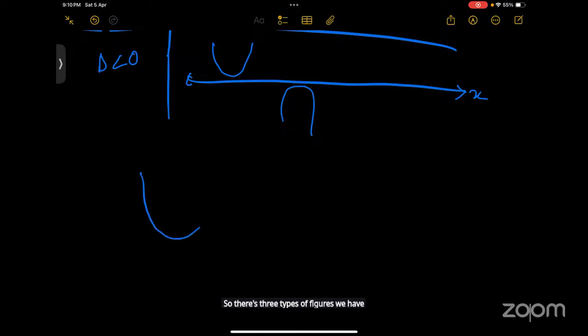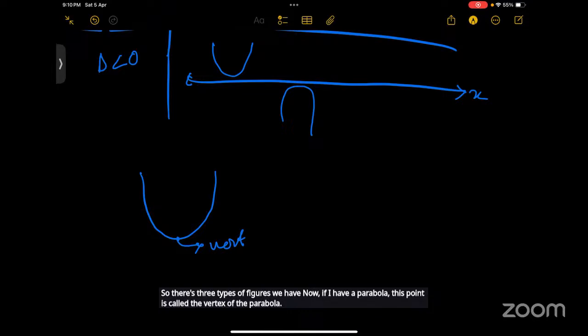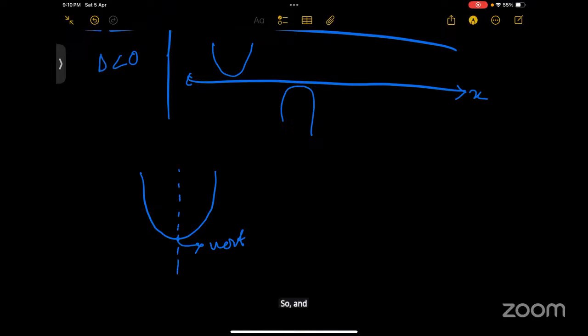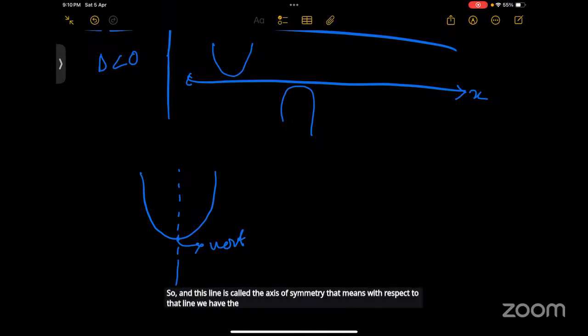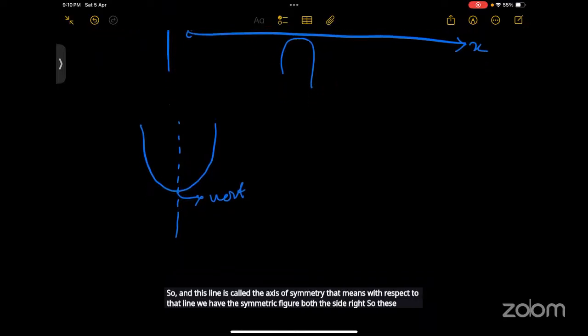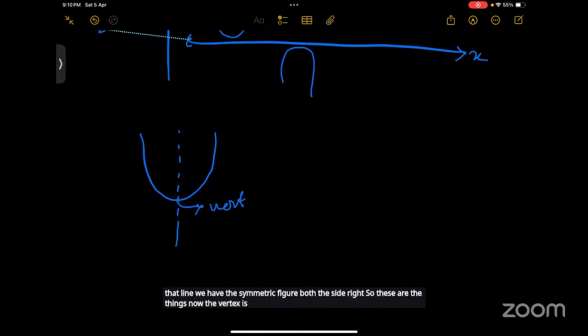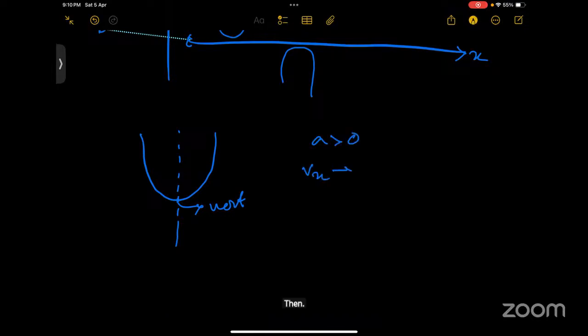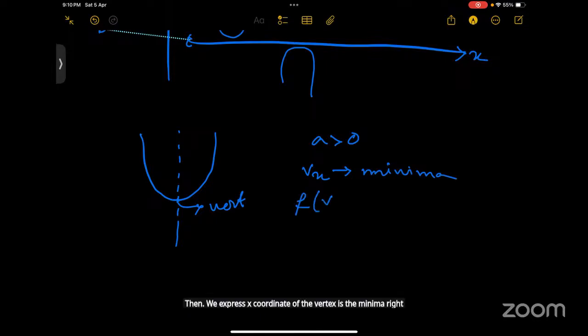Now, if I have a parabola, this point is called the vertex of the parabola, and this line is called the axis of symmetry. That means with respect to that line, we have a symmetric figure on both sides, right? Now, if a is greater than 0, then Vx, the x coordinate of the vertex, is the minima, and f of Vx, the y coordinate of the vertex, is the minimum value.